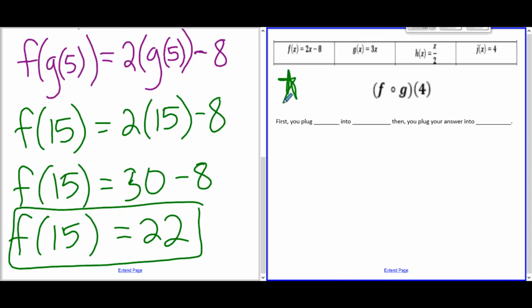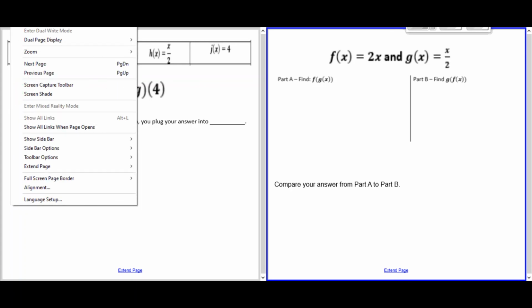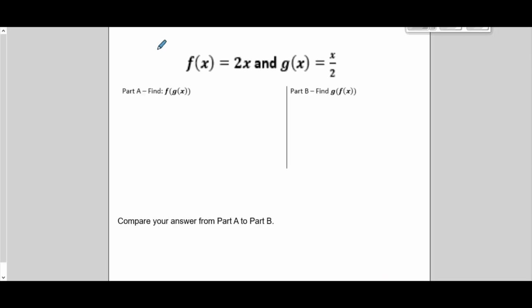So I want one more question. This is the very last question. So it says f of x is 2x and g of x is x divided by 2. So I'm going to change this to single page so we can see this whole question. So what you need to do is first find f of g of x.